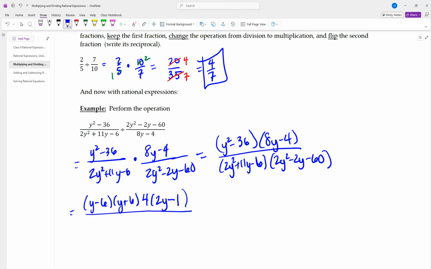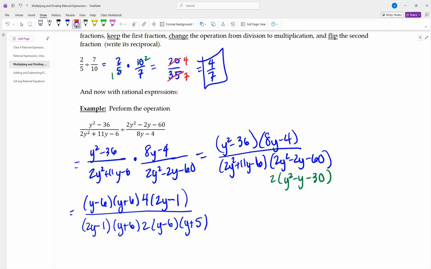In the denominator, this next thing factors as 2y minus 1, y plus 6, and you're welcome to verify that. 12y minus y gives me 11y. And the next piece, if I take out a 2, I have y squared minus y minus 30. That would factor as y minus 6 and y plus 5. You're welcome to verify that as well.